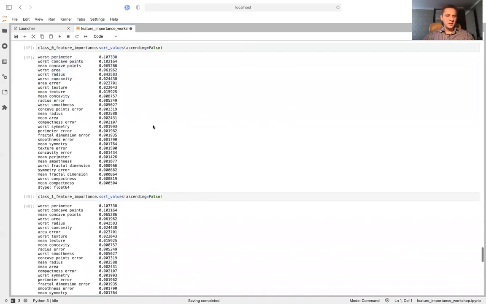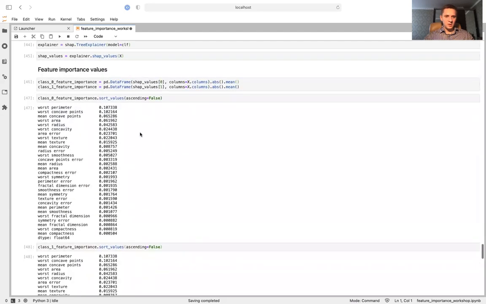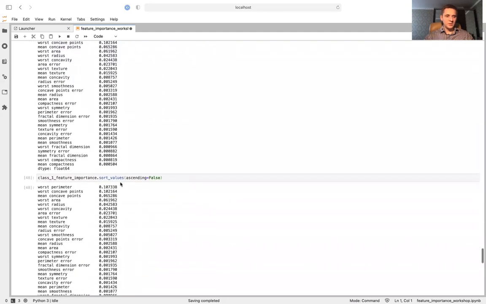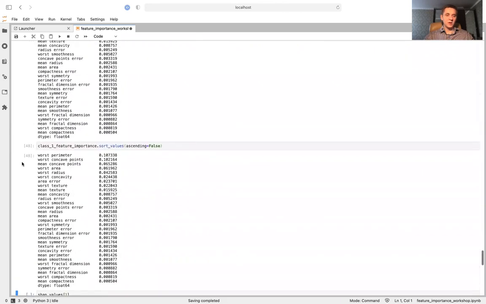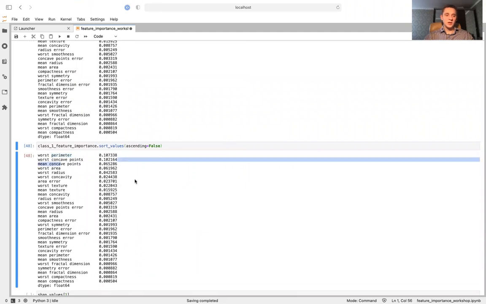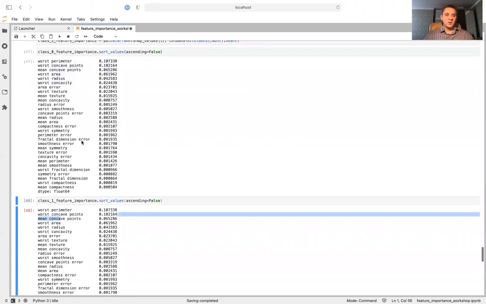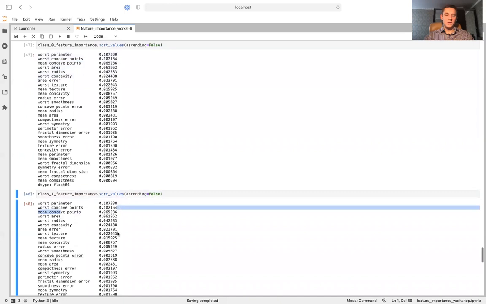The same feature importance values are present for class 1 feature importance. It has worst perimeter, worst concave points, worst symmetry, worst radius, area error. So they are absolutely the same.